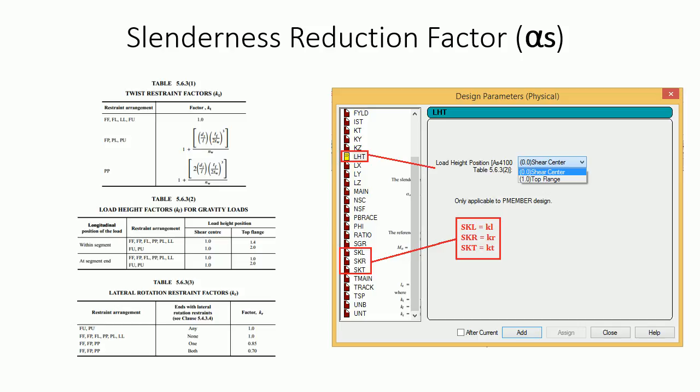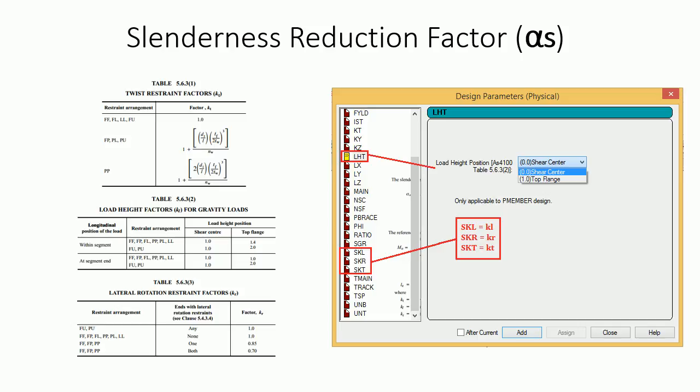Now here you can see on the left this table which has been taken from the code, which guides the user to take the right values of the twisting restraint factor, the load height factor, or the lateral rotation factor.